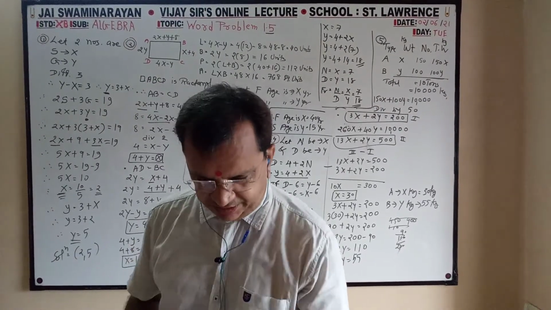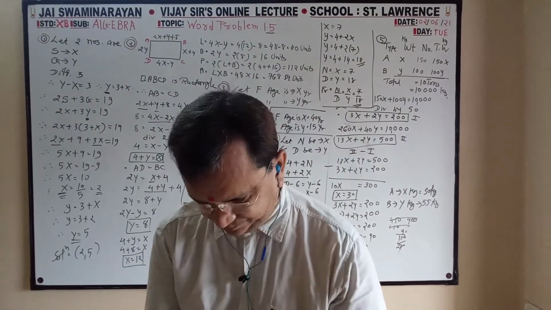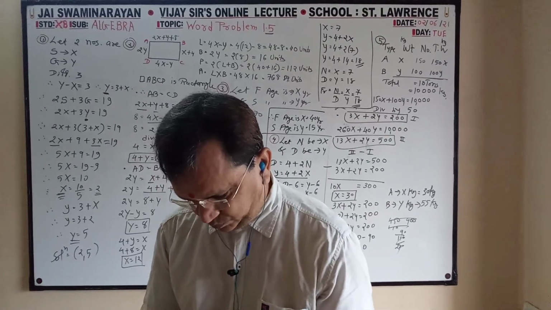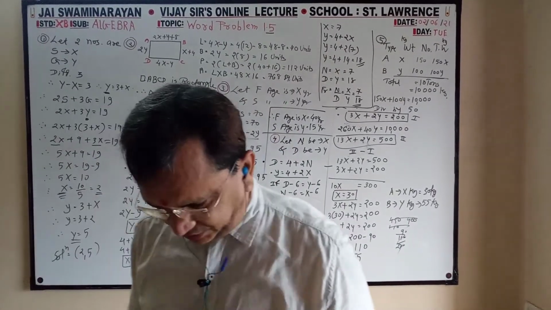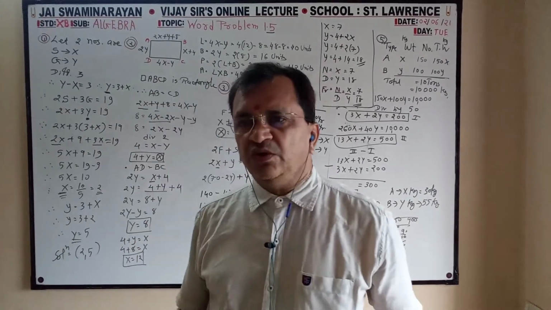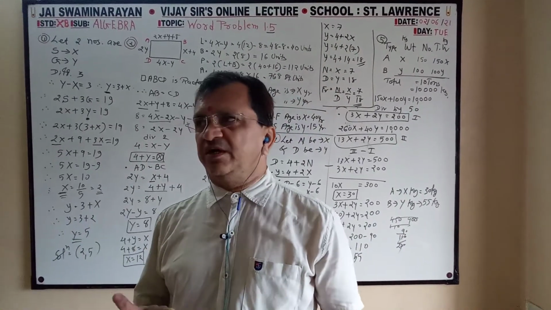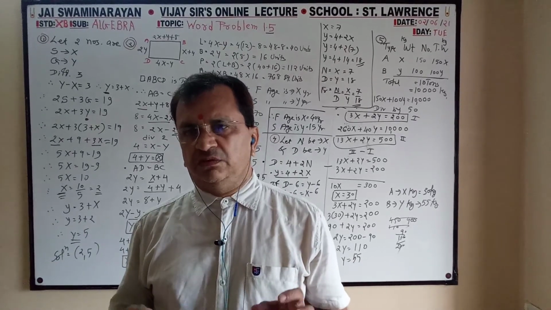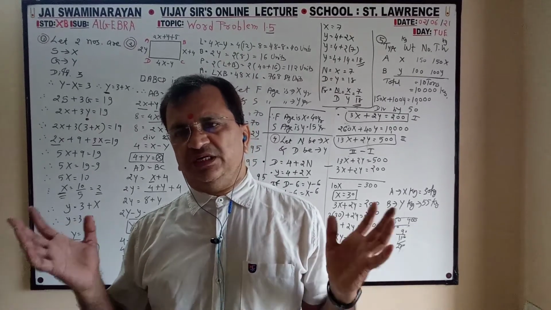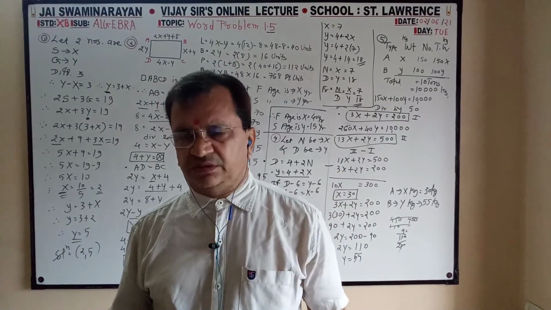Next one is very interesting. So first I'll rub this. So basically in a word problem they will give two conditions. From those two conditions try to form two equations.